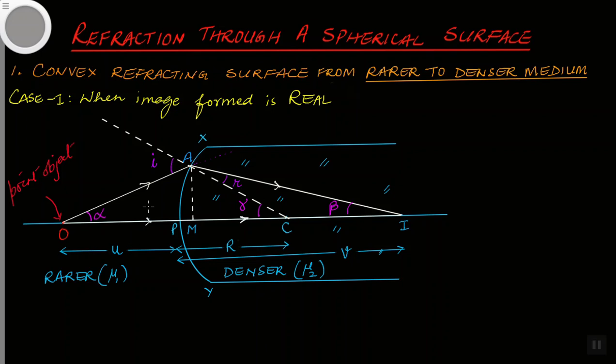Because μ1 and I are on the same side, in the same medium, on the left hand side of the pole. So μ1 sine I is equal to μ2 sine R. Let's call that equation 1.